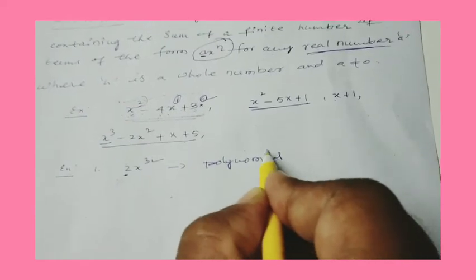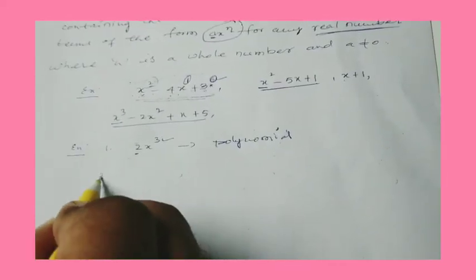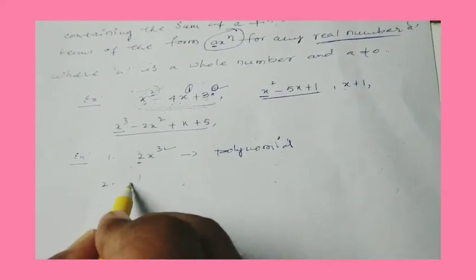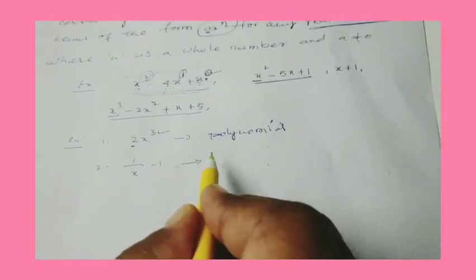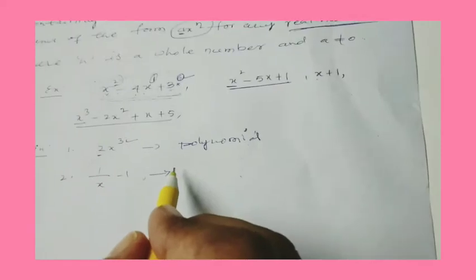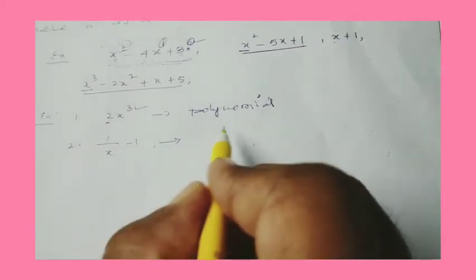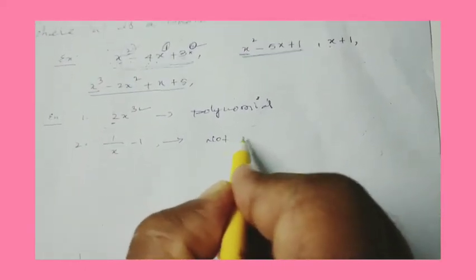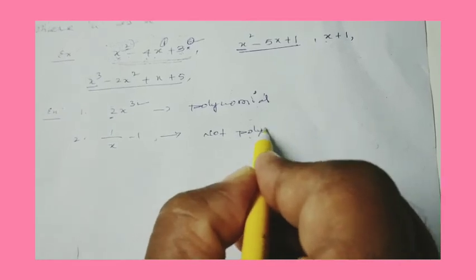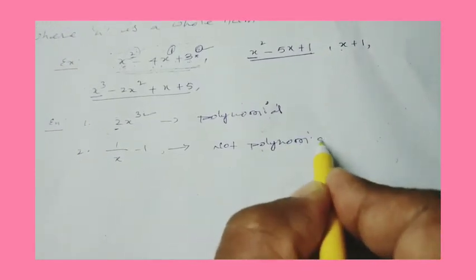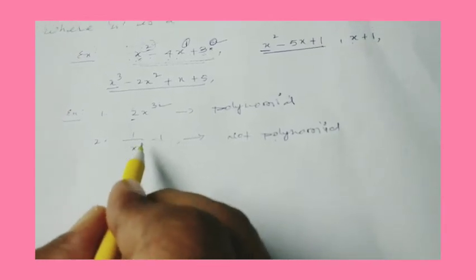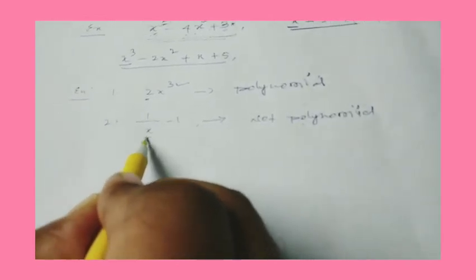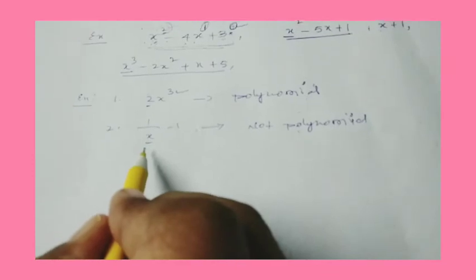There is no doubt. Next, second example is 1 by x minus 1. Is this a polynomial? No, it is not a polynomial. Why? Here the variable is in the denominator.